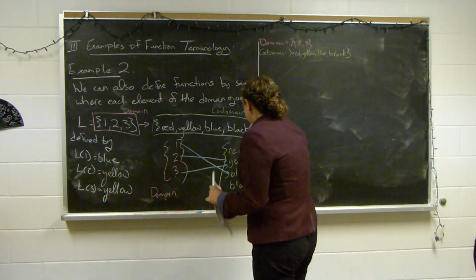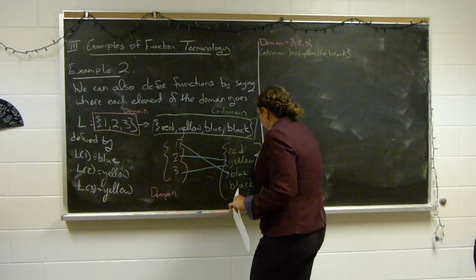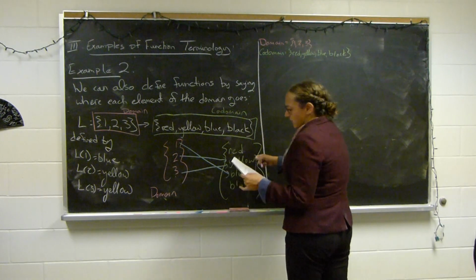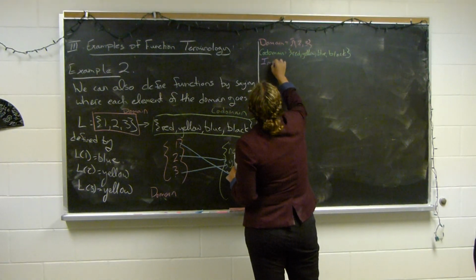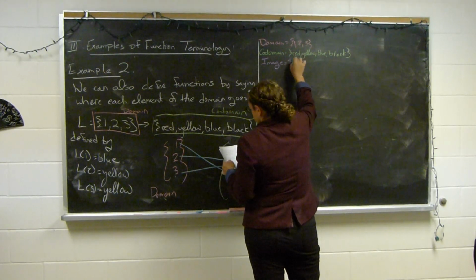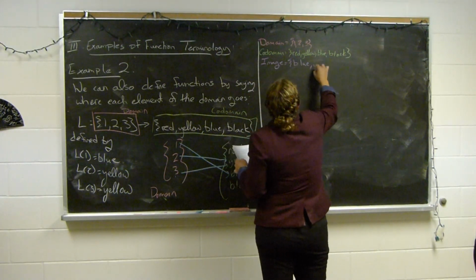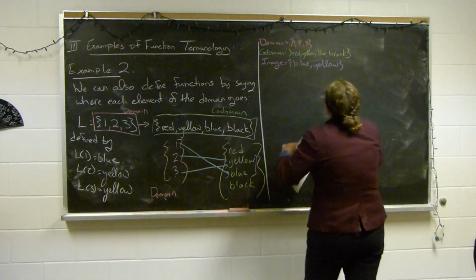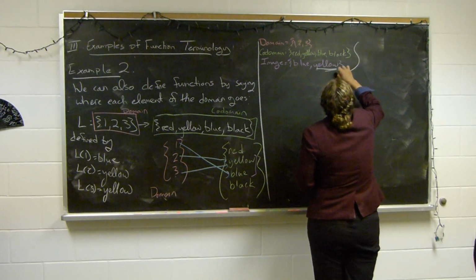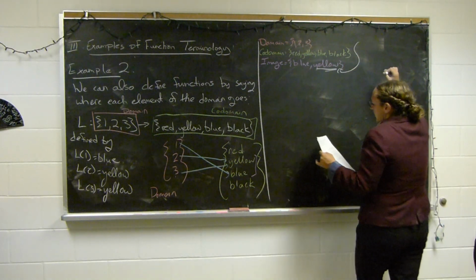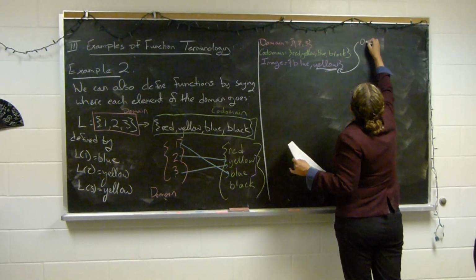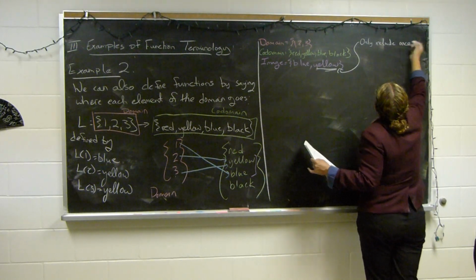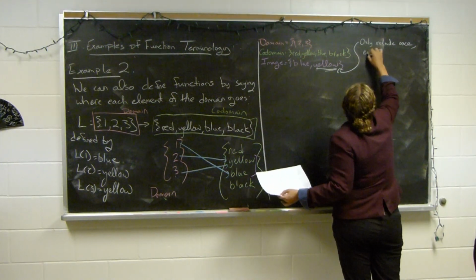The other thing is, if I look here, the only 2 things that are actually hit by L are yellow and blue, so my image is actually going to equal blue, yellow. Something to note here is that I'm only going to include this once, even though it shows up as an output more than once.